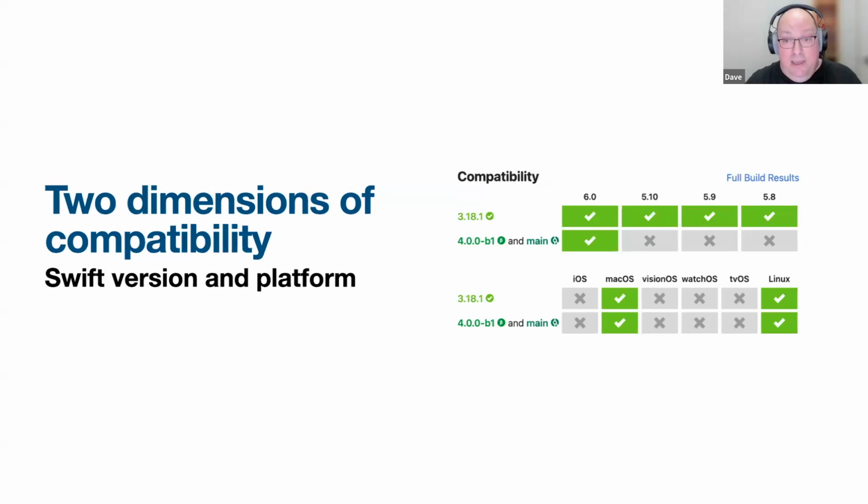We also aggregate version numbers. You can see here on the left-hand side of the image, there's a row for 3.18 and a row for 4.0 and the main branch. What's happening here is this package at version 3.18 had compatibility with all the versions of Swift that we have.